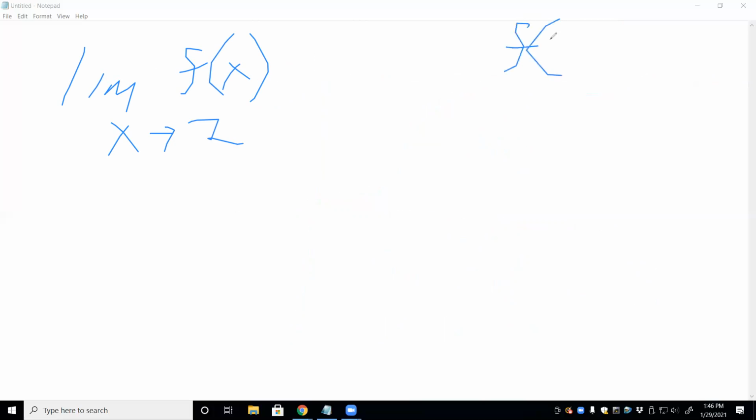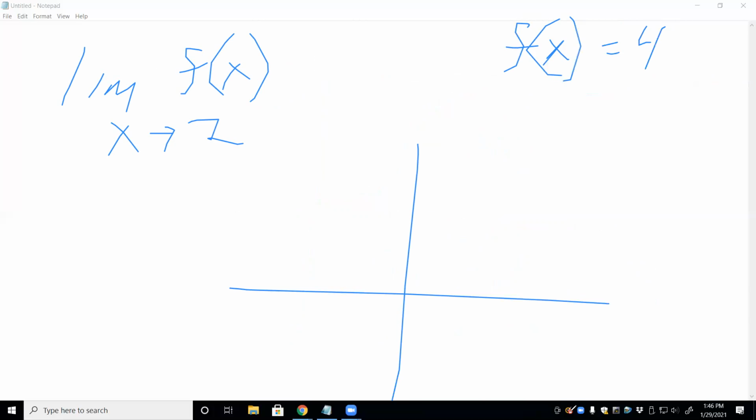So you're saying the function is 4. Yes, the function is 4. Okay, so let's graph that. What's that look like? It should just be a straight line on 4. Is it horizontal or vertical? It's horizontal, like that. So that's that function.